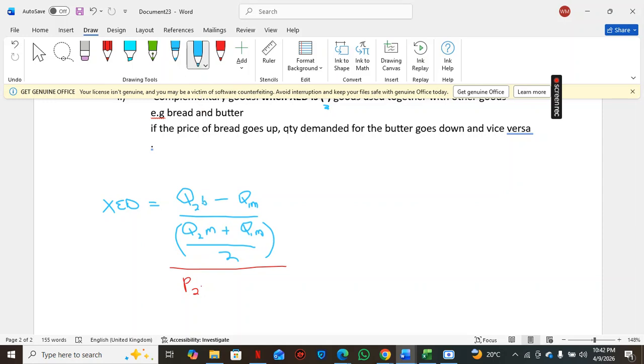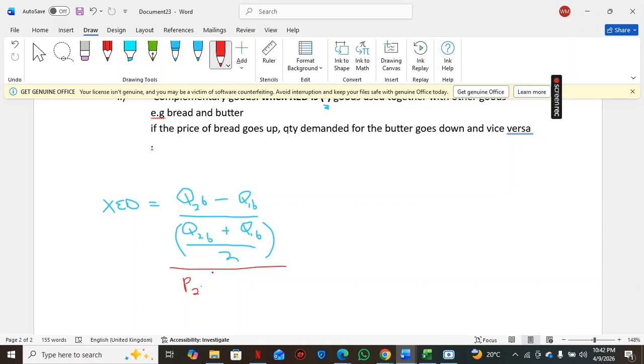So Q2B minus Q1B, quantity demanded for bread, over Q2B plus Q1B over 2.